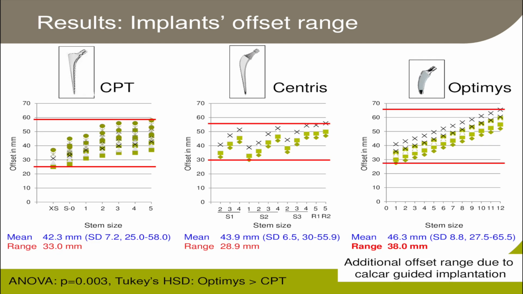These are the offset ranges, and you see that for the CPT stem, with the 3 different offset versions, the range is 33 millimeters. For the Centris, it's about 29 millimeters, but it's 38 for the Optimis stem. So it's a little bit larger for the Optimis stem, and that was statistically significant. You can see that down on the table there.